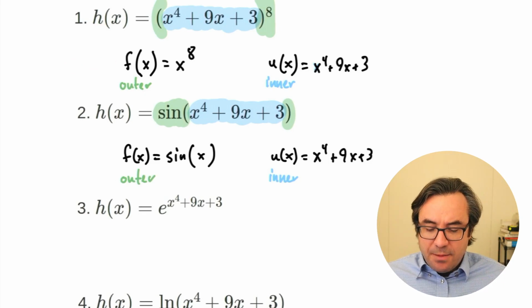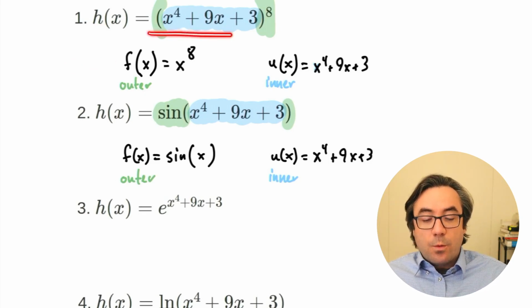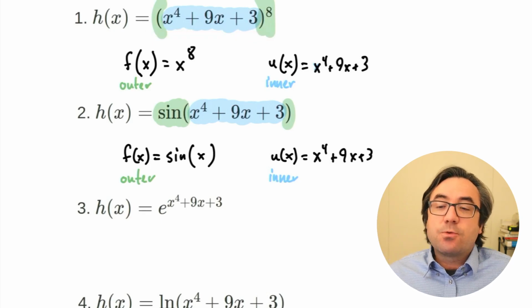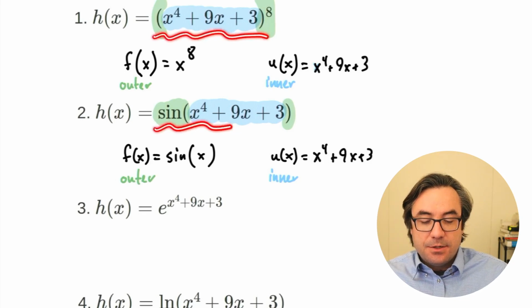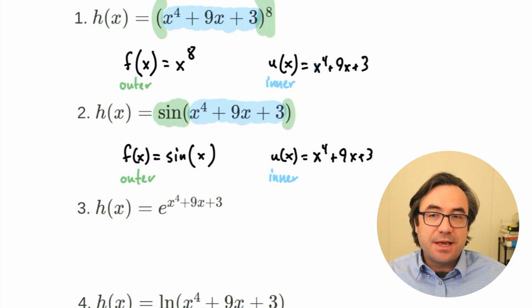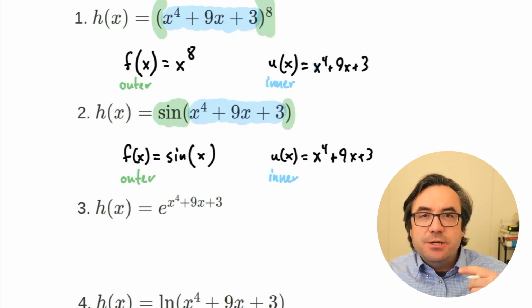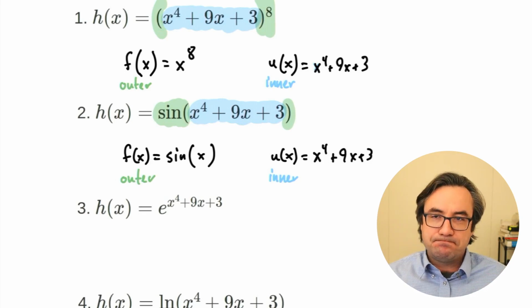So we'll play the same game with the last two, but this is really the idea. And what we're going to see is chain rule is going to help us calculate the derivative for functions like this, where we have one function being plugged into another function.